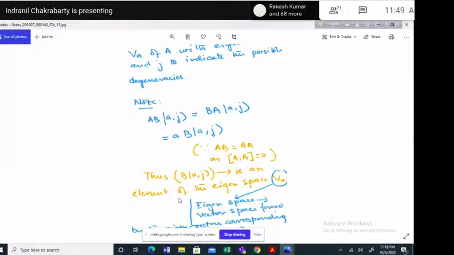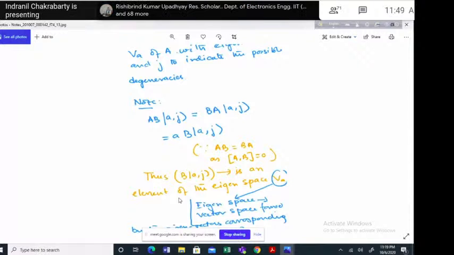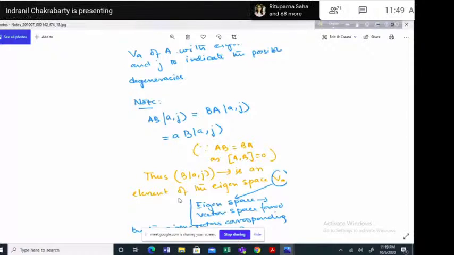Here a is the eigenvalue of the operator A, and |a, j> is the eigenvector of the operator A. V_a is the corresponding eigenspace of A with respect to the eigenvalue small a, right?